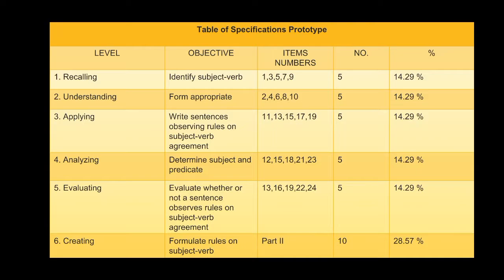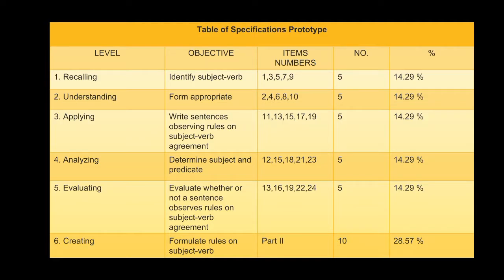In the table of specifications, we can see that there are 5 items that deal with knowledge, and these items are items 1, 3, 5, 7, and 9. Similarly, from the same table, we see that 5 items represent analysis, namely 11, 15, 18, 21, and 23.